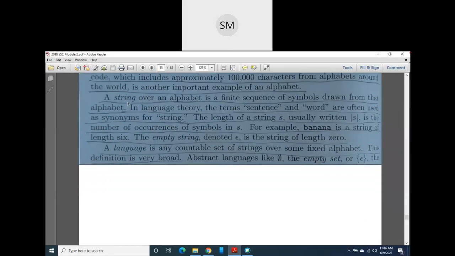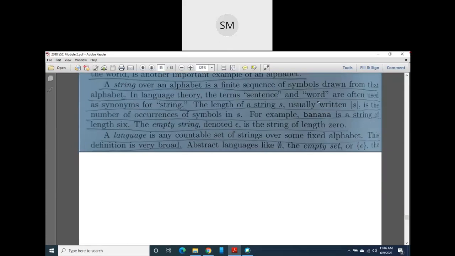Now come to the string. I already told you what a string is: a sequence of characters, or a sequence of symbols made up of these alphabets. Suppose S is a string; we can calculate its length using the cardinality symbol, which is the number of symbols, characters or letters present in that string.